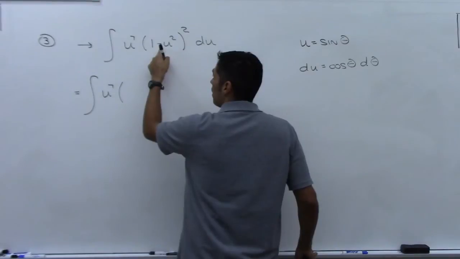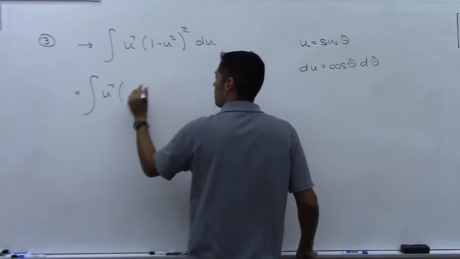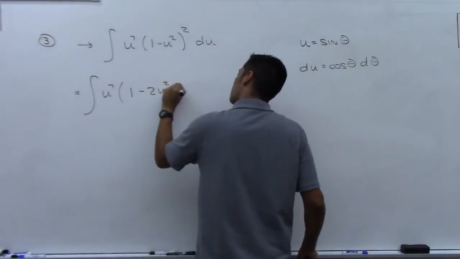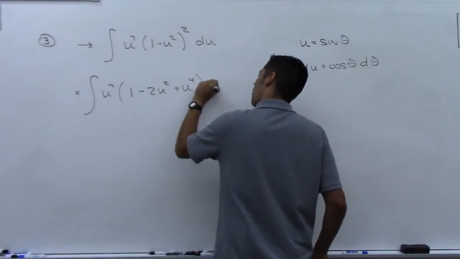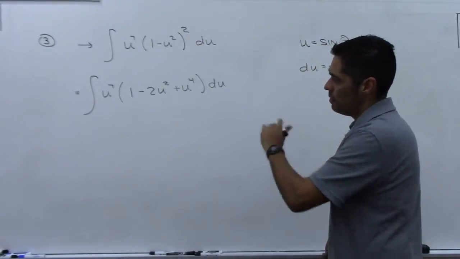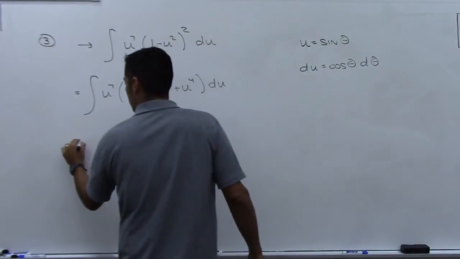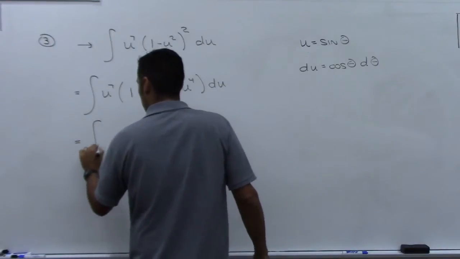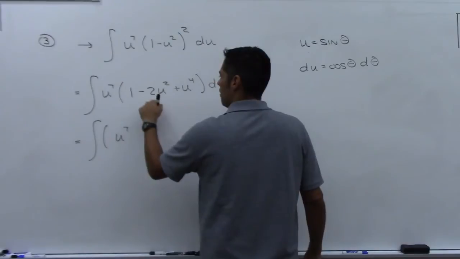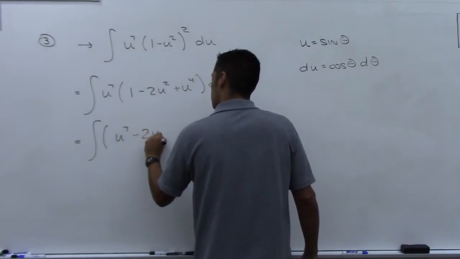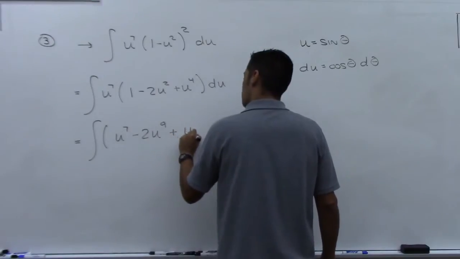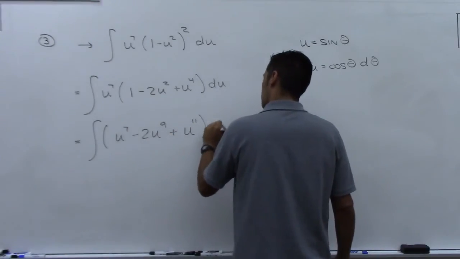When you square this, you multiply it times itself and get 1 minus 2u squared plus u to the 4th du. Then you can distribute the u to the 7th through. So you get integral u to the 7th minus 2u to the 9th, I'm adding the exponents, plus u to the 11th du.